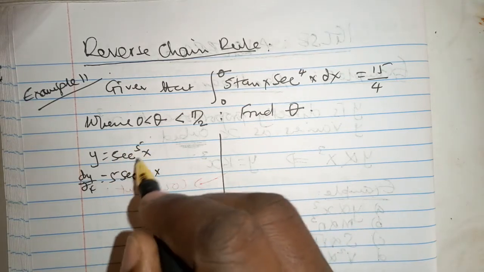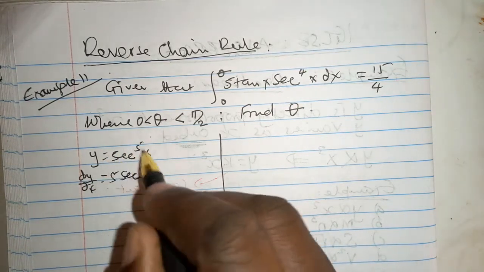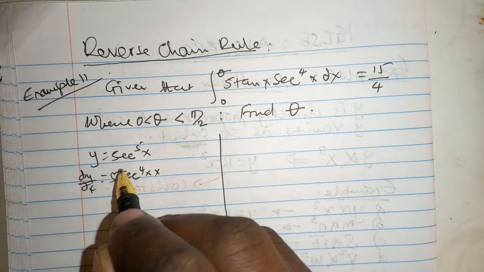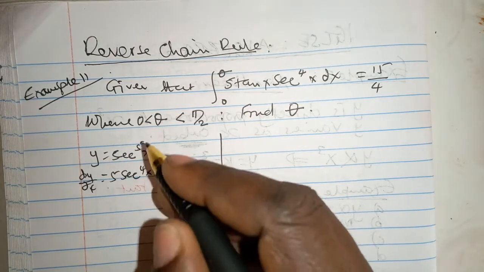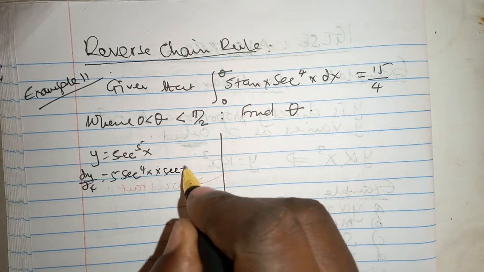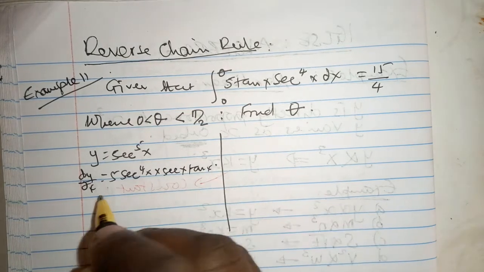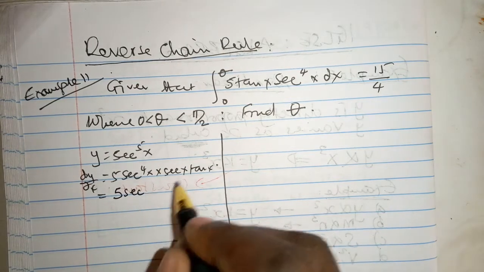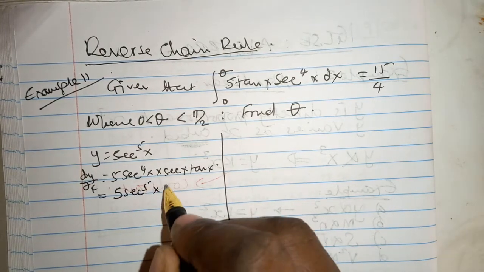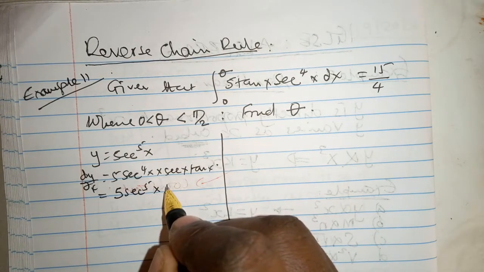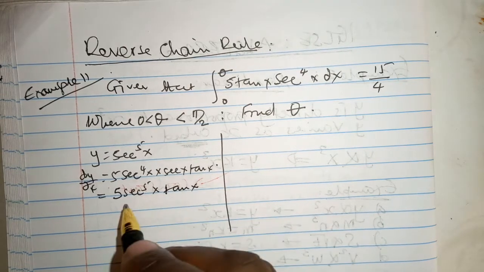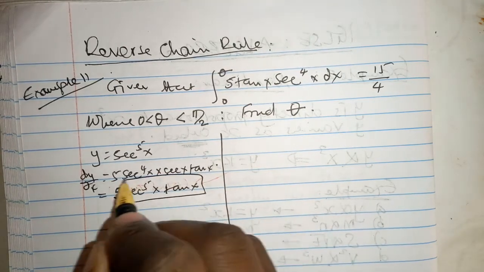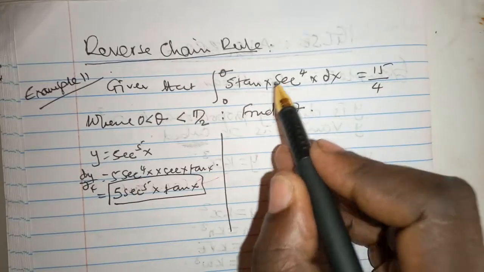The chain rule applies here, and the derivative of sec x is itself sec x tan x. So at the end of the day, you're going to have 5 sec 5x tan x, and this is not in line with what we need.